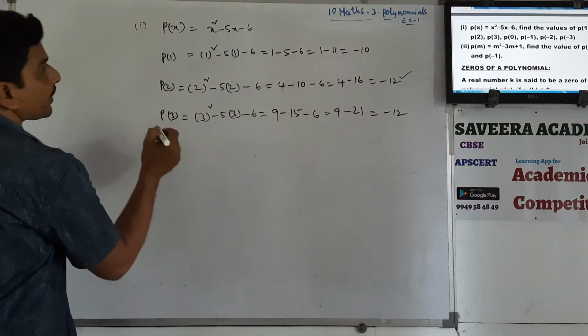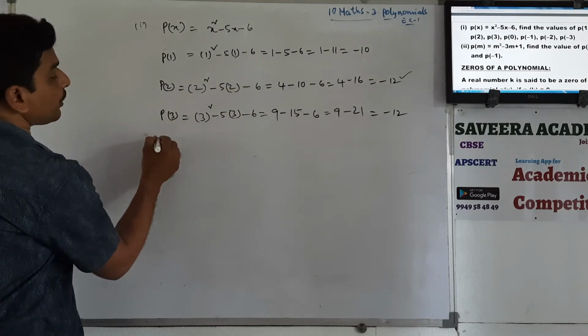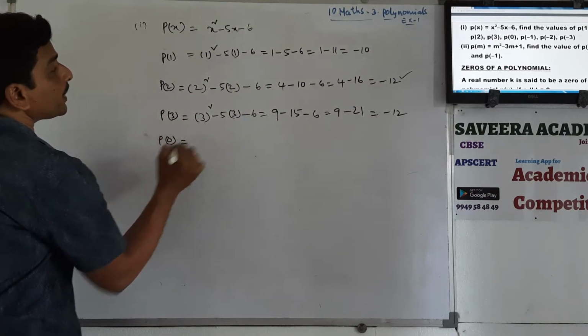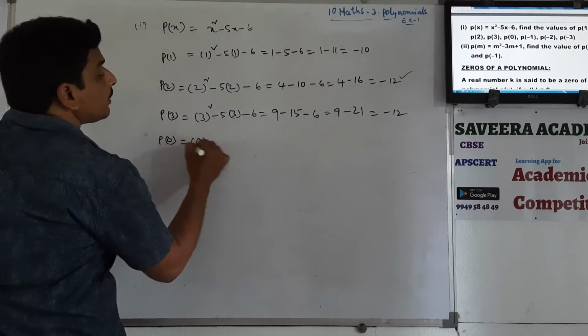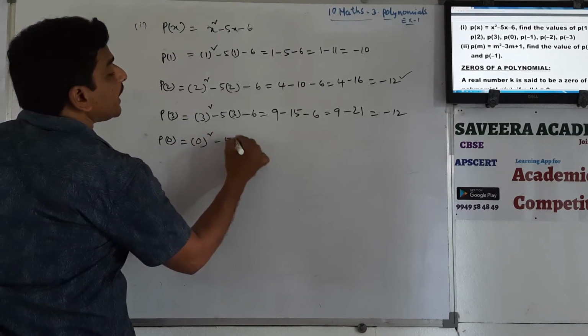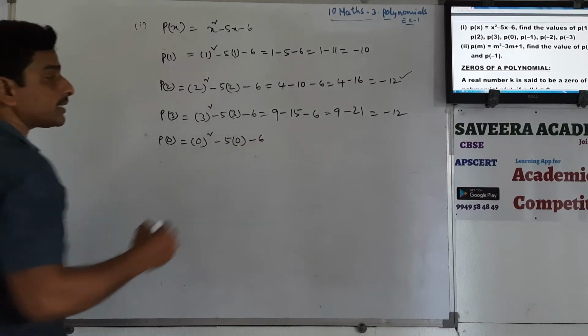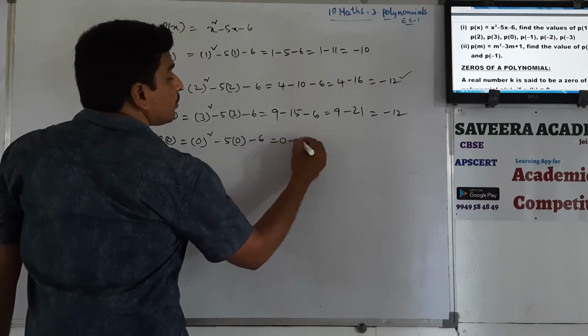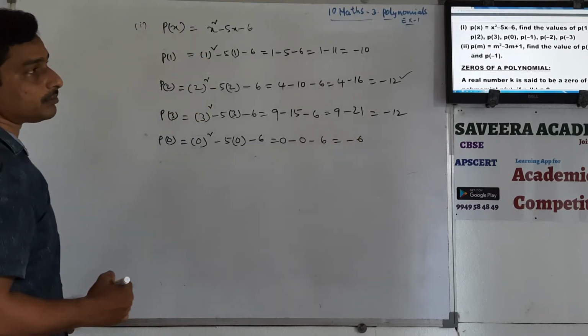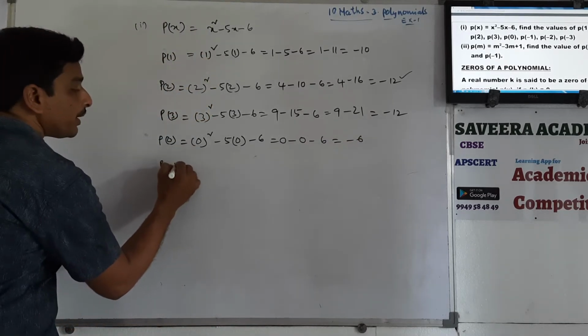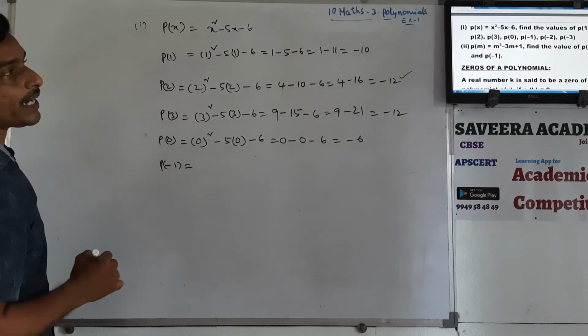Next, let us find p of 0 is given. P of 0. So instead of x, you have to write down 0. So 0 square minus 5 into 0 minus 6. So this is equal to 0 minus 6. So totally minus 6. Now find p of minus 1.